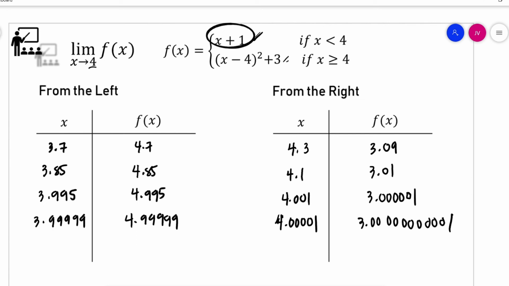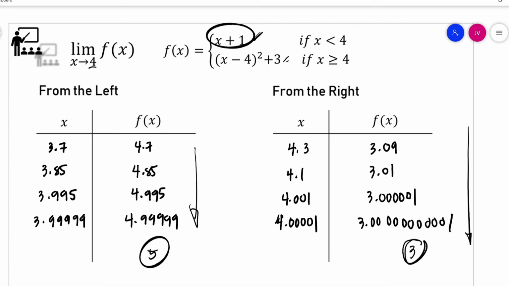At consider natin yung left hand limit natin. As the value of your x approaches 4, the value of your f of x approaches 5. On the other hand, yung right hand limit naman natin, as the value of your x approaches 4, the value of your f of x approaches 3.